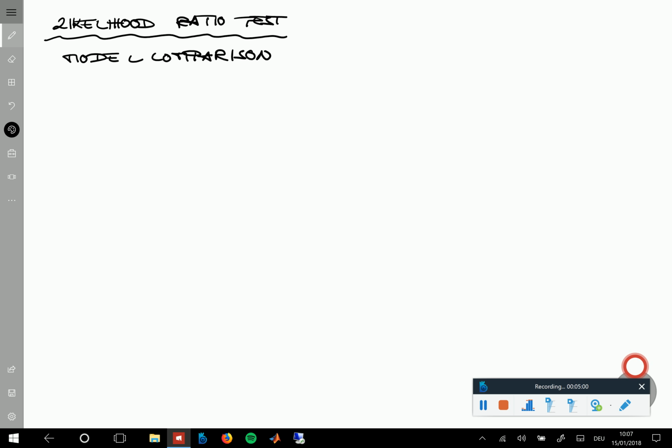Now, model comparison essentially refers, of course, to the comparison of two quantitative theories for some data. So it comes down to comparing two quantitative theories to explain some data.